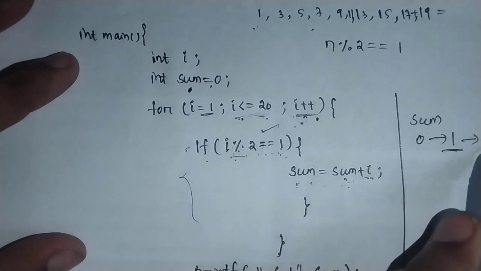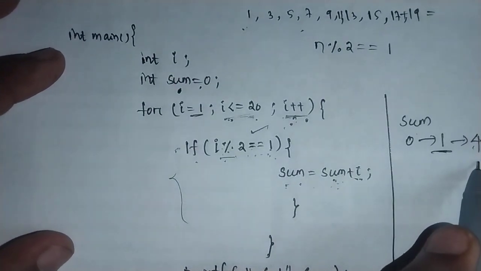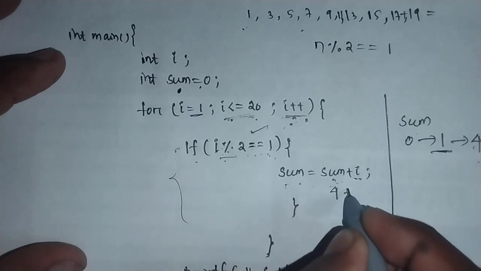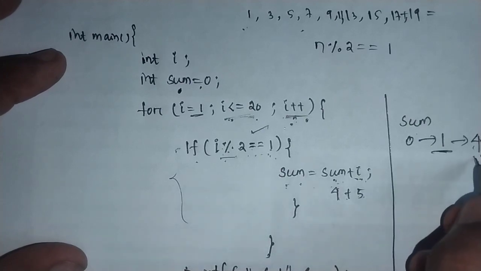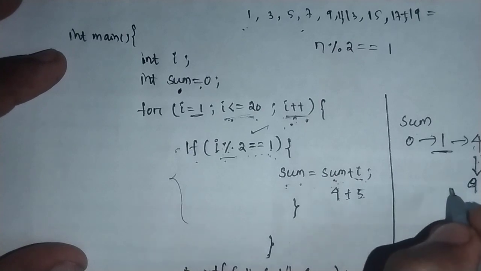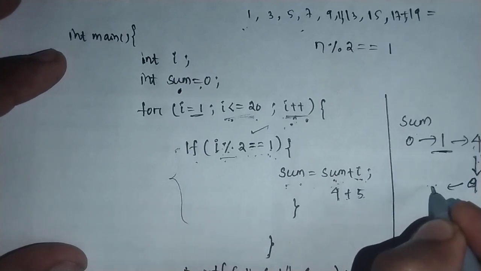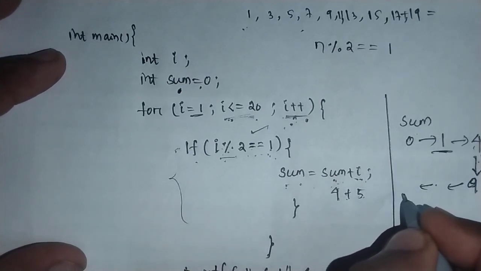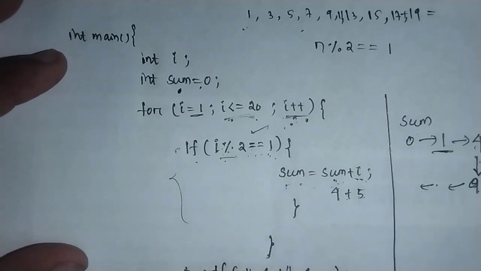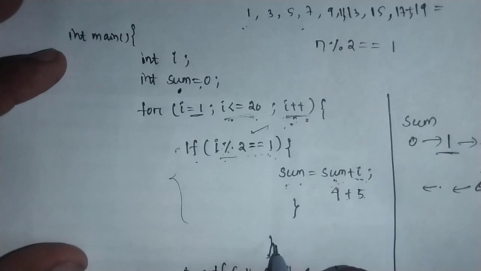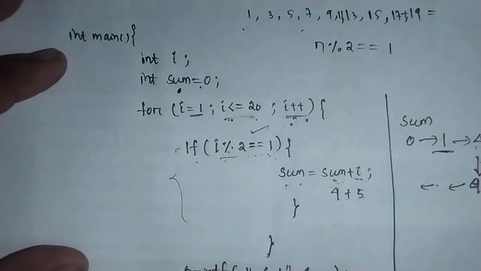The previous value of sum is 4 and the current value of i is 5, so 4 plus 5 is 9, and the value will be updated to 9. It will be updated in each iteration. After the last iteration, it will give us the value of sum as the result.